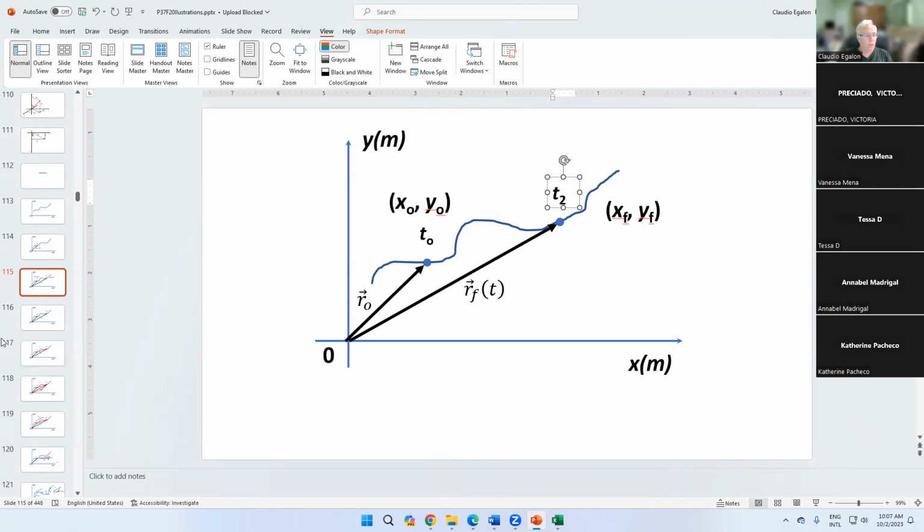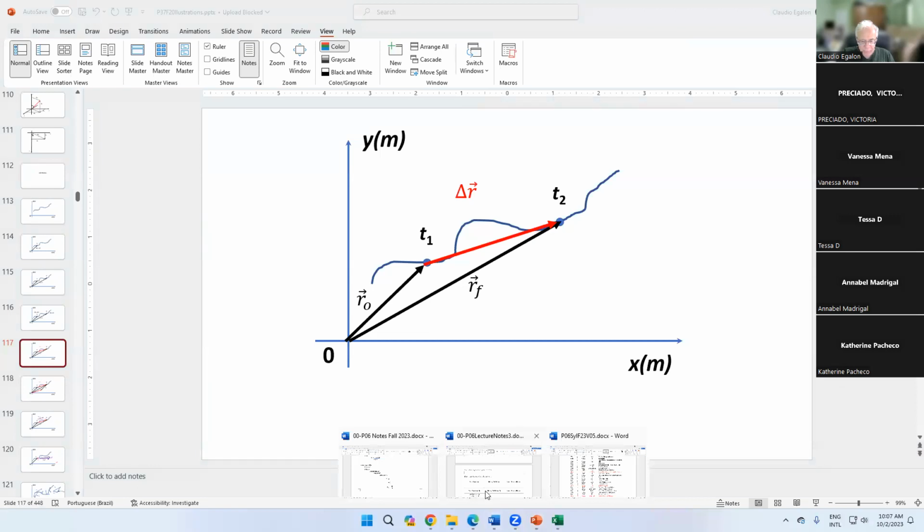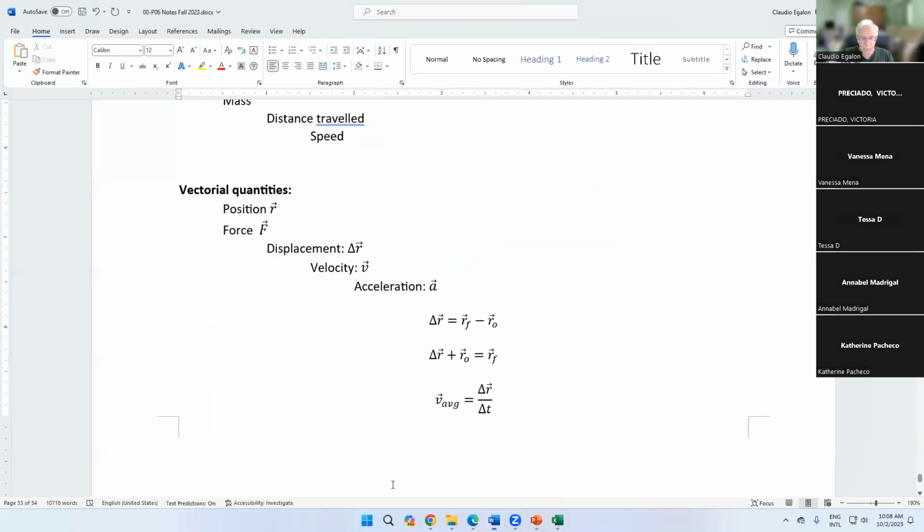That's a more simplified version of the same slide. Now we have this displacement vector delta r.